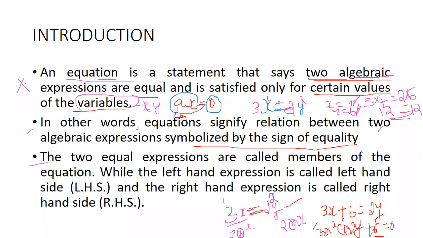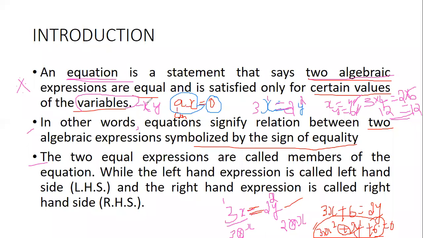Minimum is 2, maximum you can have any number of expressions. You have to equate that to another expression or 0. Usually we keep all the variables to one side and equate that to 0, because it is easy for us to solve when we have to find out x and y.